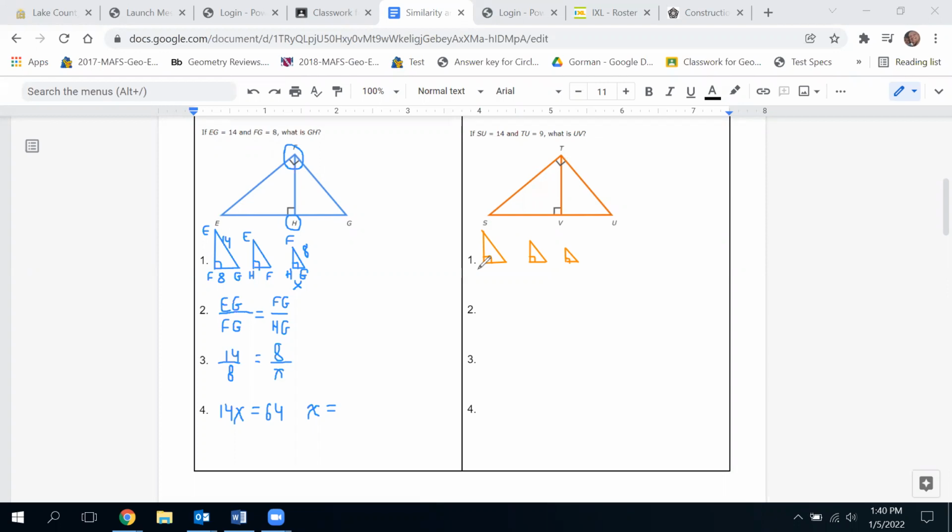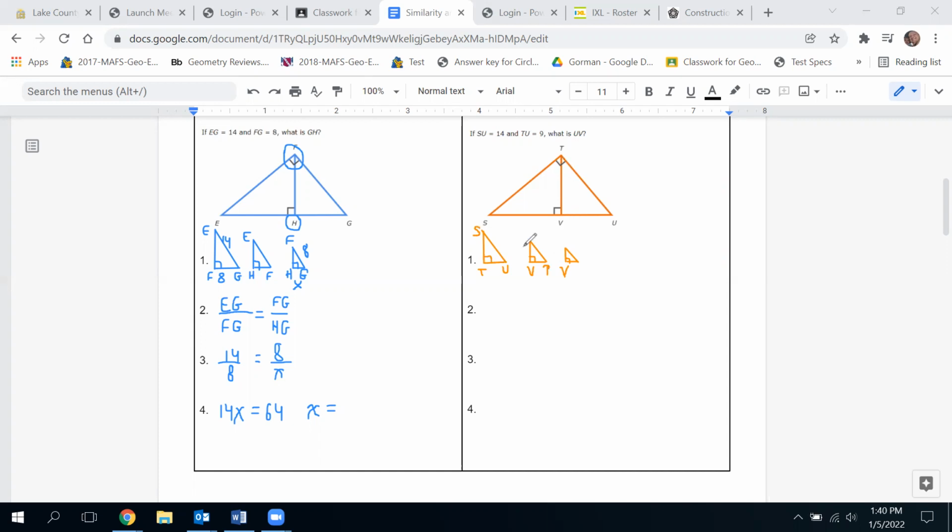T is the right angle for the big triangle. V, the right angle for the medium and the small. The shortest side of the big triangle is TU, with the third vertex being S. VT is the shortest side of the medium triangle.